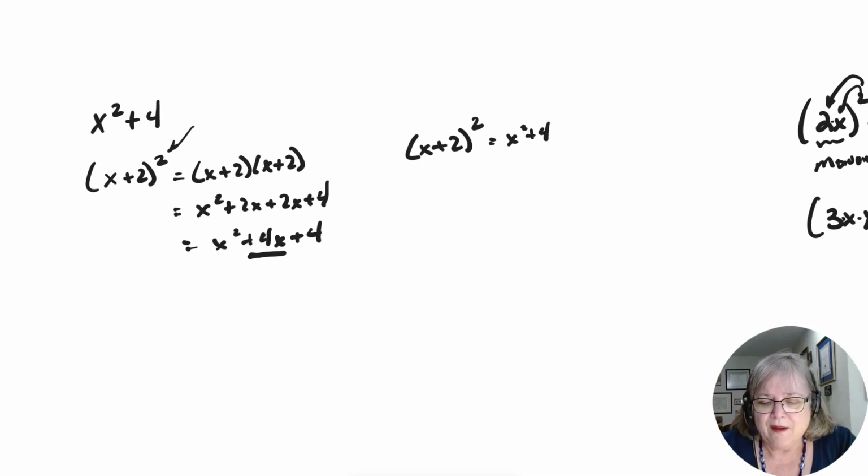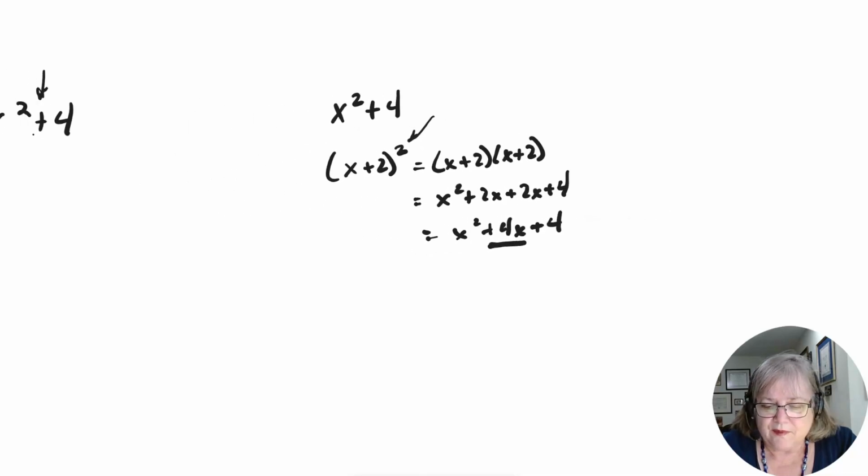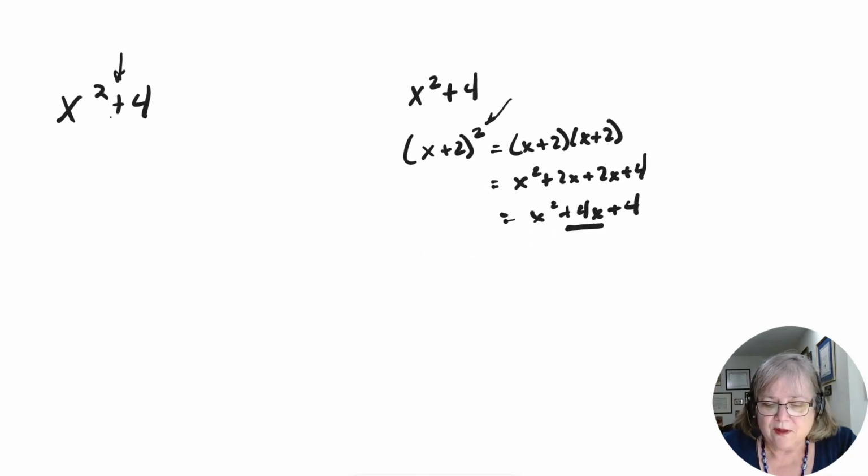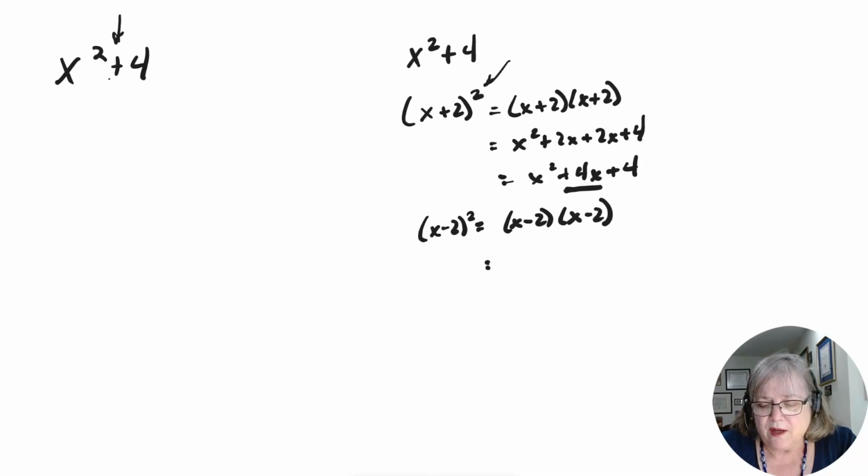All right. So x plus 2 squared is not x squared plus that. It's over here: x squared plus 4x plus 4. Likewise, if you had x minus 2 squared, you'd have x minus 2 times x minus 2 because it's a binomial, and you'd have to multiply it all out.